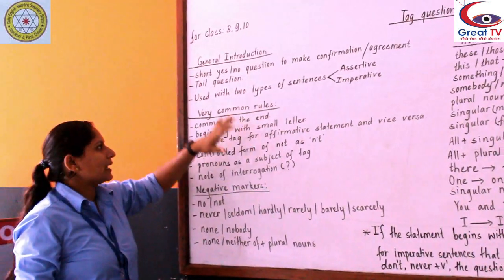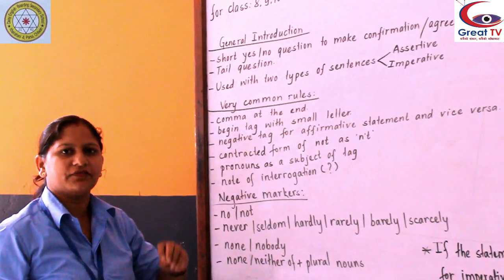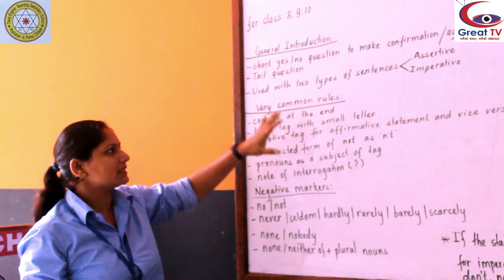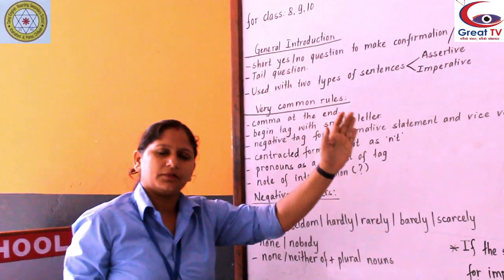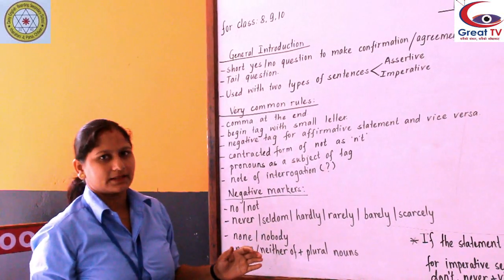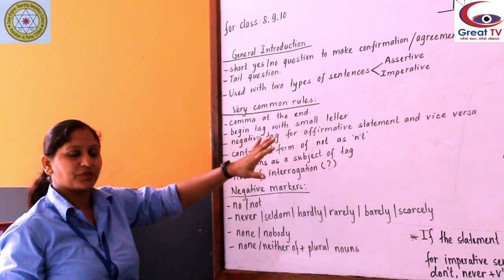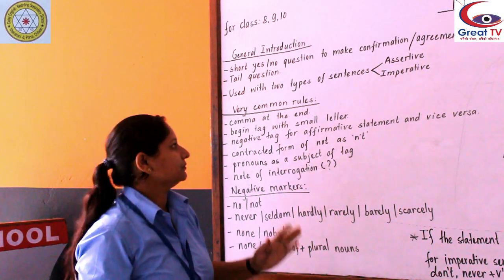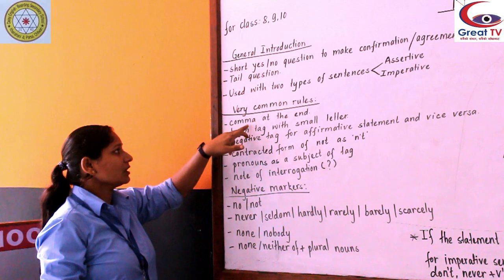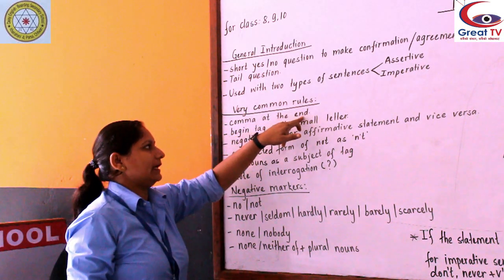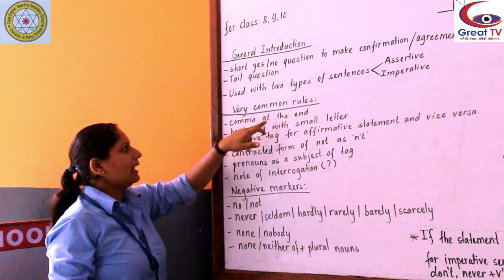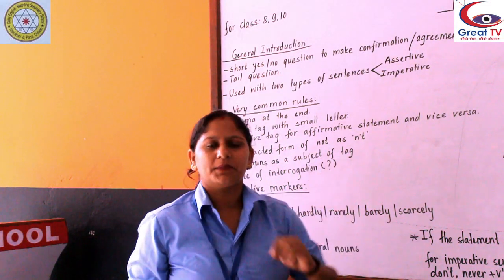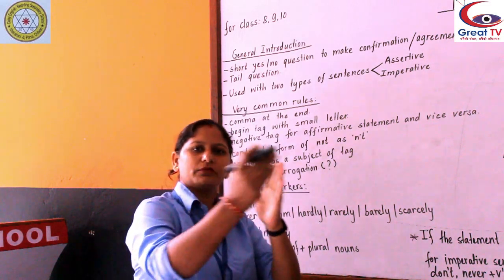Now, let me explain the very common rules of tag questions. These are simple, common rules, and you have been learning them from grade 5 or 6. You all know this, though I am going to revise it for now. Comma at the end: use a comma at the end of the statement, before you write the tag question.